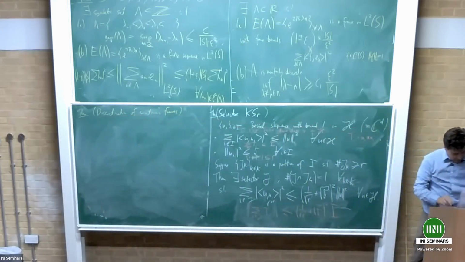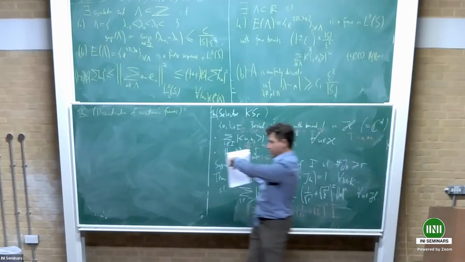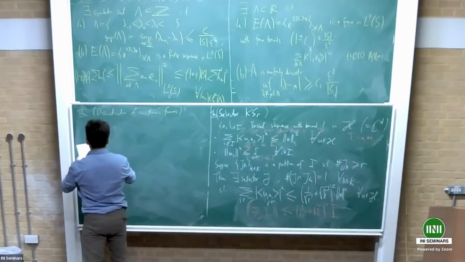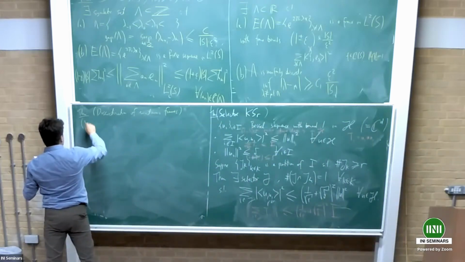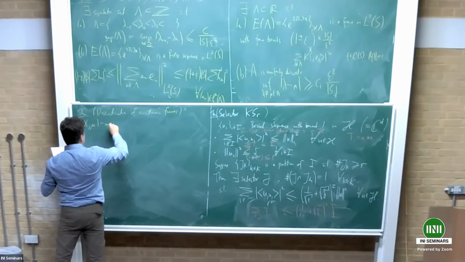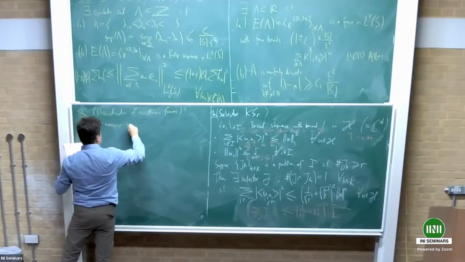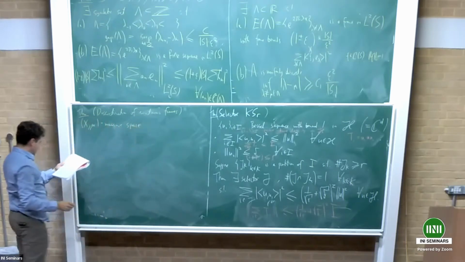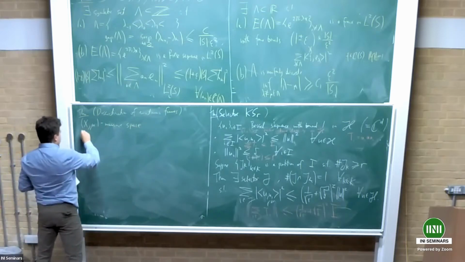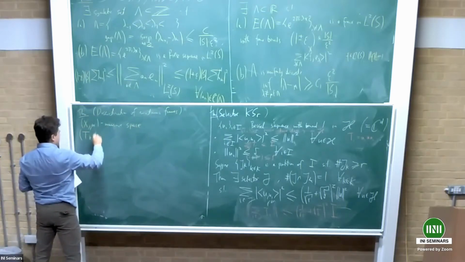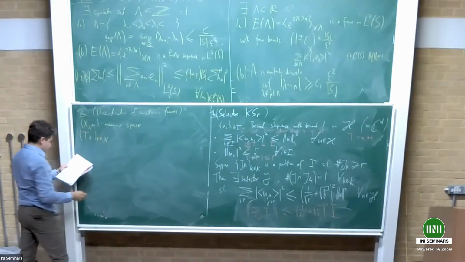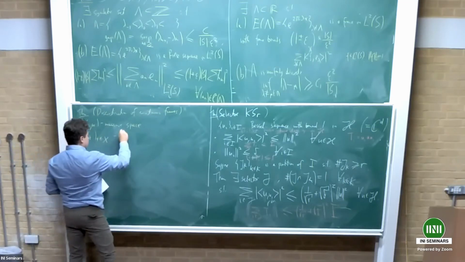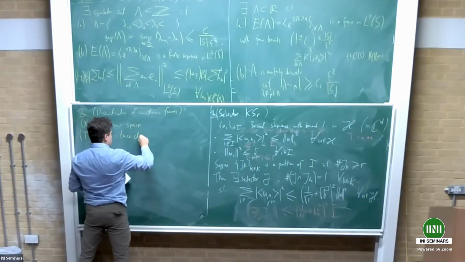Okay, let me just explain what this is. I think I have just enough time to do that. So suppose (X, mu) is a measure space. And we have a family indexed by this measure space, but these are trace class operators.